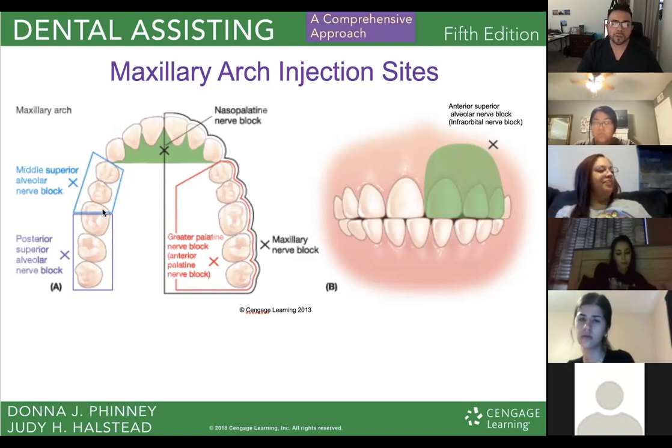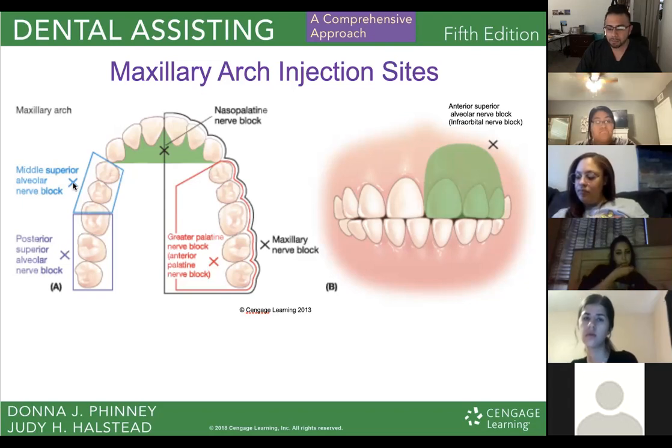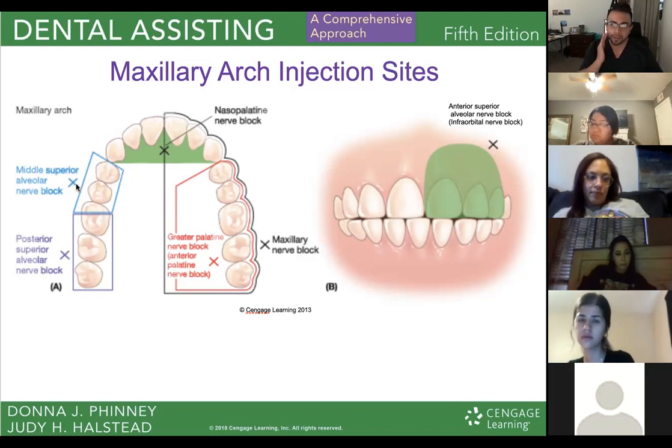What this will do is block both premolars and the mesial root of the first molar. It's up at the mucobuccal fold, right in this area, on the buccal side of that premolar.